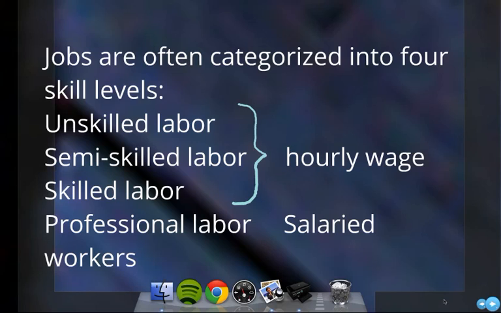You could work 20 hours a week and get paid the same amount of money, but you also may work 60 hours a week because you work as much as they need to get the job done, which is why you are a salaried worker, often in a professional position.